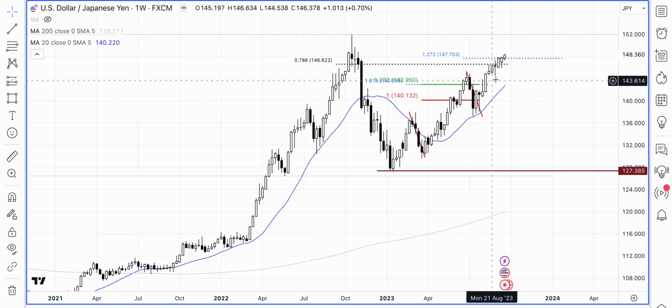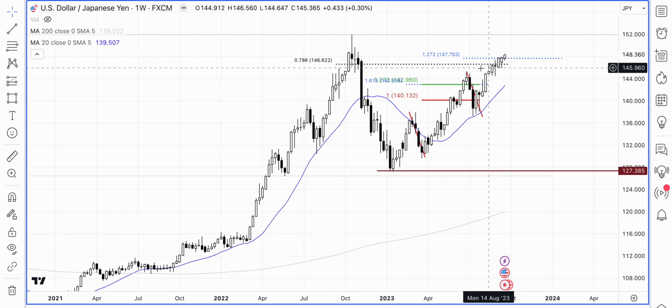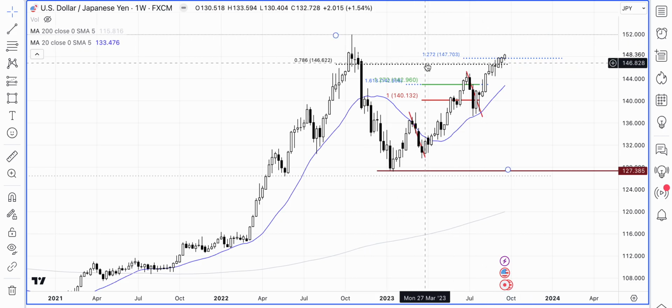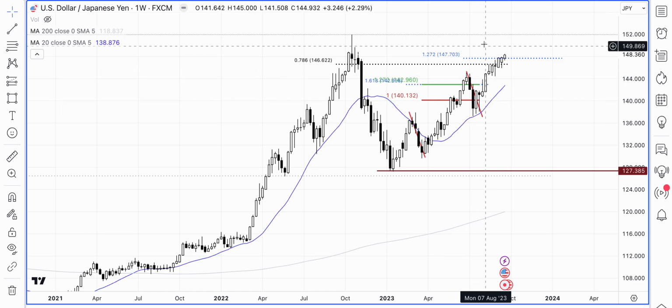But what we can see is that for the past 3 to 4 weeks, the market has positive momentum, is moving higher. But again, it's just above the 78.6% Fibonacci retracement. We also have 1.272 price, the expansion of this move lower. We do have 1.618 expansion right above that.